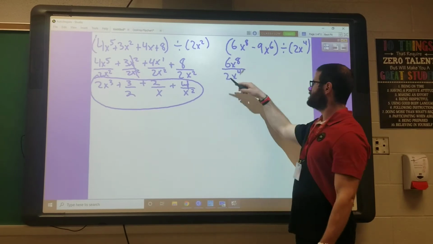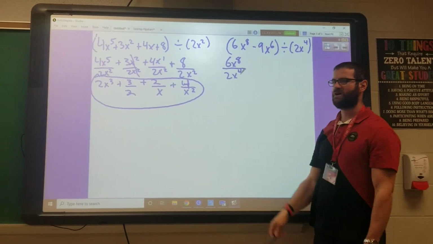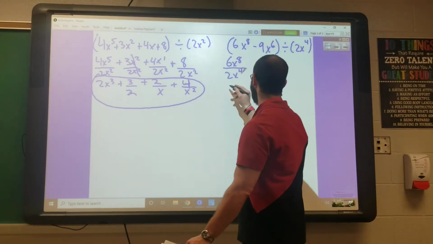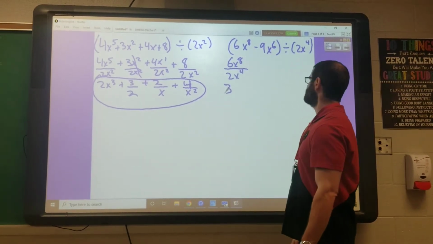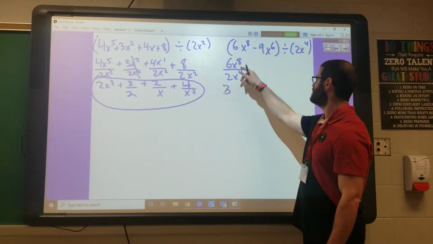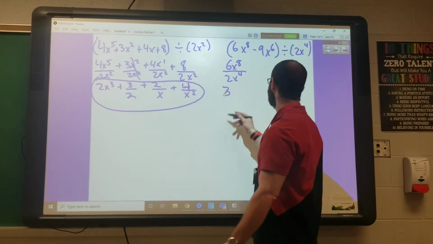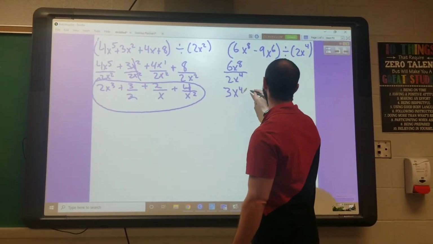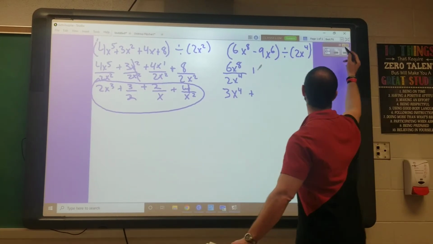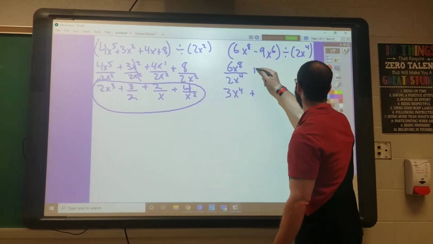Let's take it one step at a time. Do the numbers first. What's 6 divided by 2? That's 3, correct? X to the 8th over x to the 4th. Remember, subtract the exponents when we're dividing. 8 minus 4, that's 4. 3x to the 4th plus, or actually, in this case, it's minus.